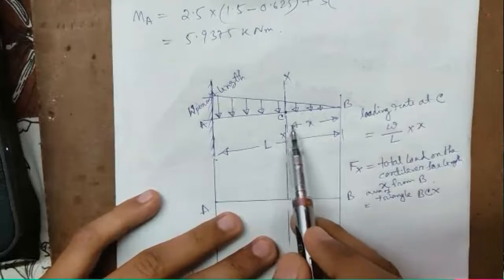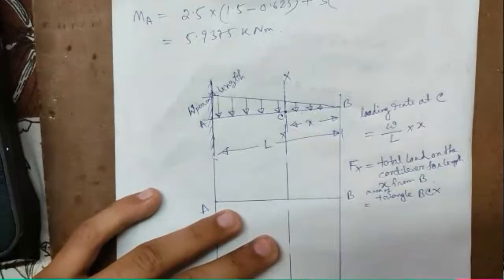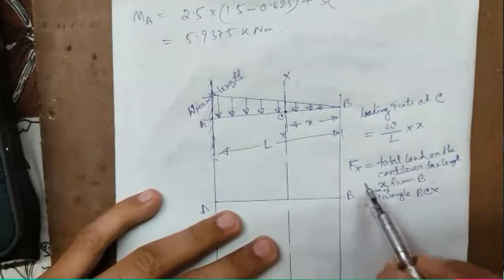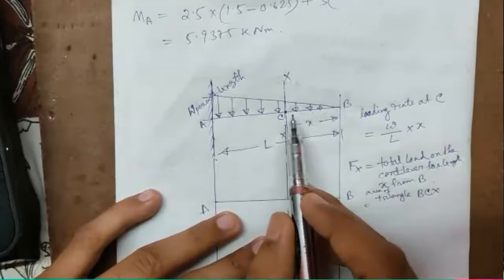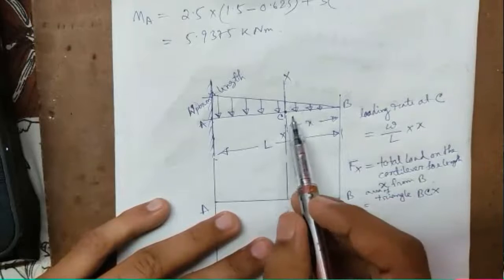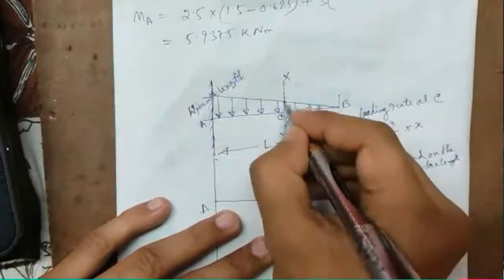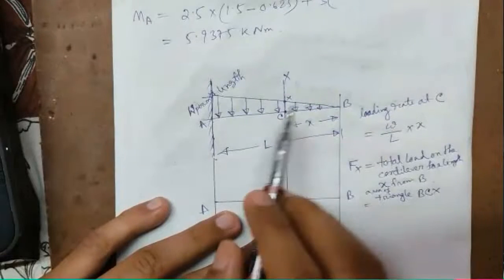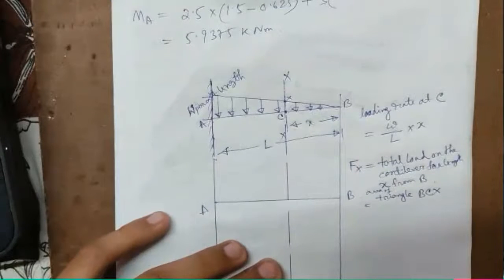I am explaining it again. If we take a section XX at a length of x from free end B, then the shear force working on this BC region is given by this area of this triangle BCX. So if this point is taken as x, this area of this triangle will give us the shear force.